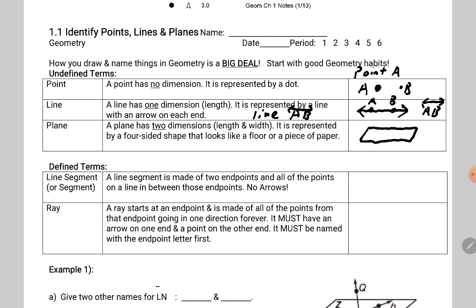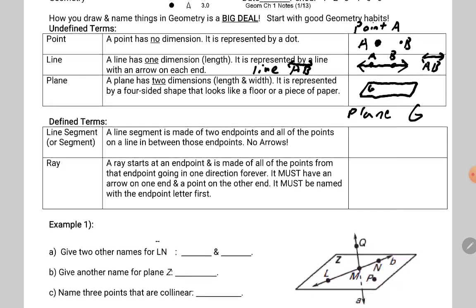When naming a plane, usually they have a capital letter in the corner. So this would be plane G. Next, a line segment.